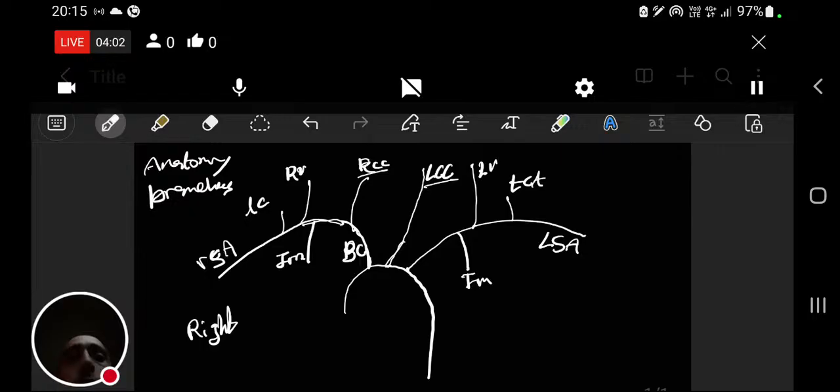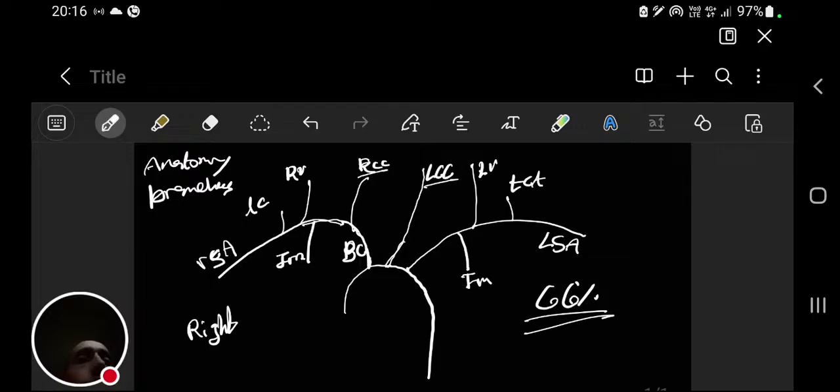And these are the branches from the arch of the aorta, the normal anatomy. Normal anatomy that usually is seen in 66% of the patients. We see this normal anatomy without any variance, this is the normal anatomy.